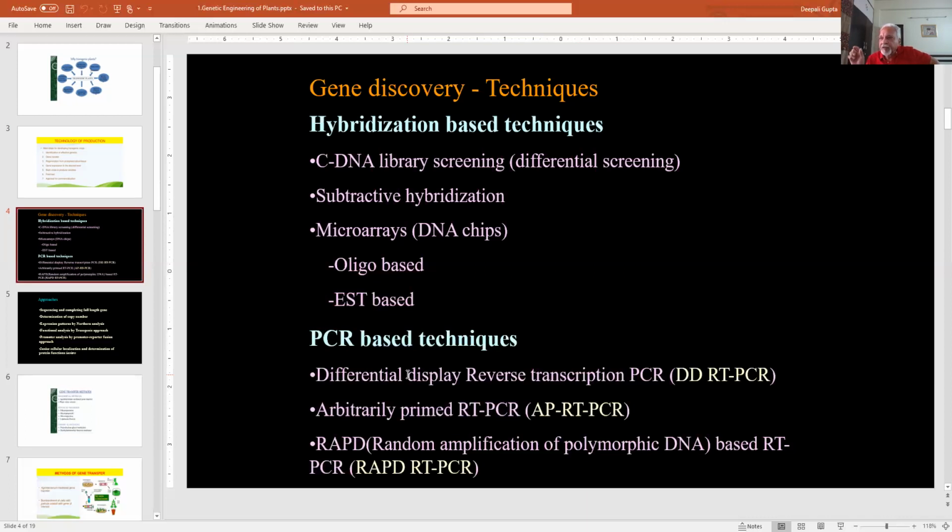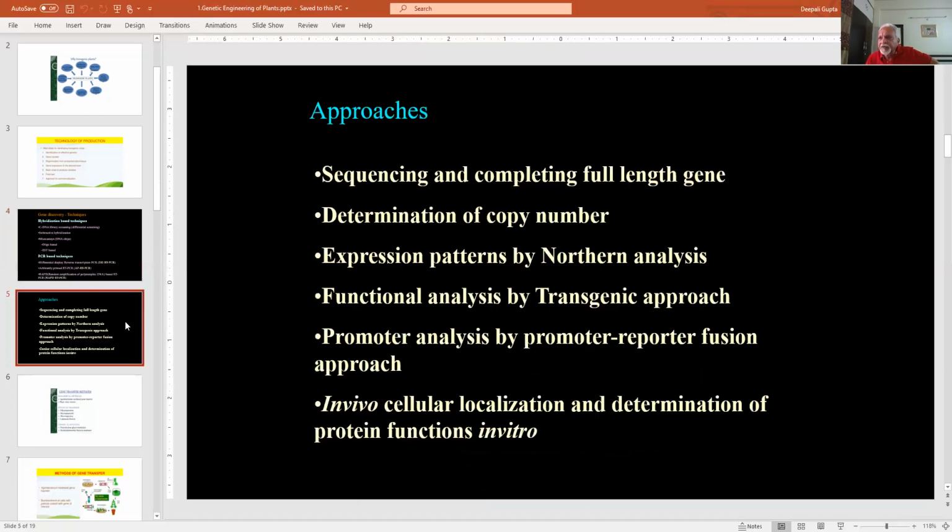And very specifically, you isolate that and then clone it and then go for sequencing. So these are the set of techniques which have been in use for zeroing down a set of genes or a gene which expresses itself only under test conditions and not in the control conditions.